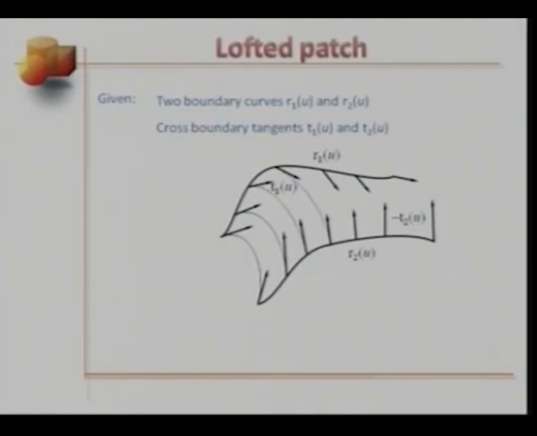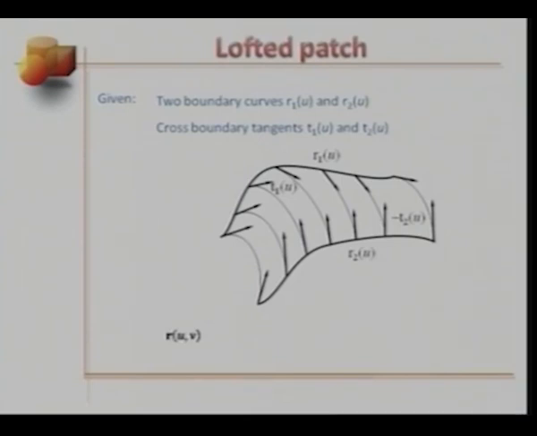And that is the basic difference between a ruled patch model and a lofted patch model. In a ruled patch model, we simply join the corresponding points by a straight line. But here, we use a higher order curve, in this case cubic, to create the lofted effect.